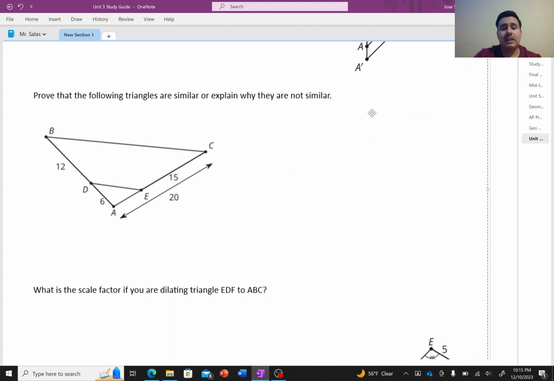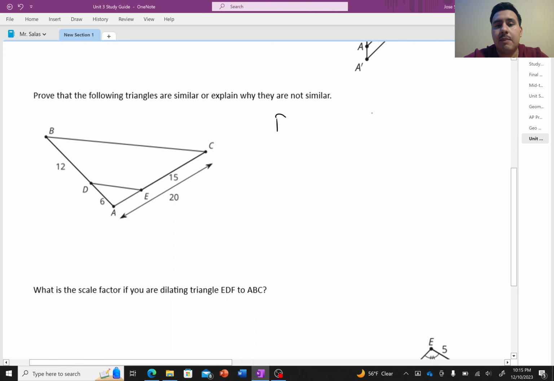The first case is if the problem does not specifically state, for example, that DE is parallel to, let's say, BC. If the problem does not say this, then that means these triangles are not similar.